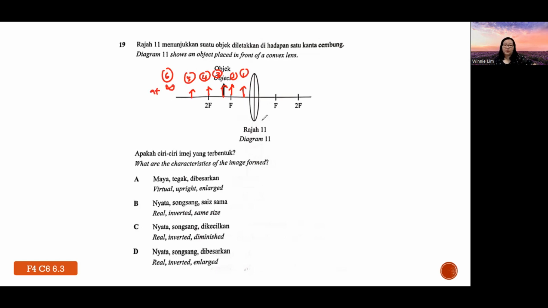And they are already fixed; if you construct the ray diagram, all these you will find out at the end their characteristics, like a rhythm. Of course in this context it is case 3, so the image is real, inverted, and magnified. So real, inverted, virtual cannot. Then real, inverted, magnified also cannot. Real, inverted, diminished cannot. Real, inverted, enlarged. Enlarged and magnified have the same meaning. So the answer is D lah.